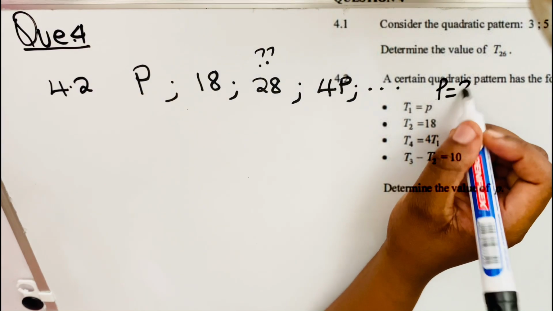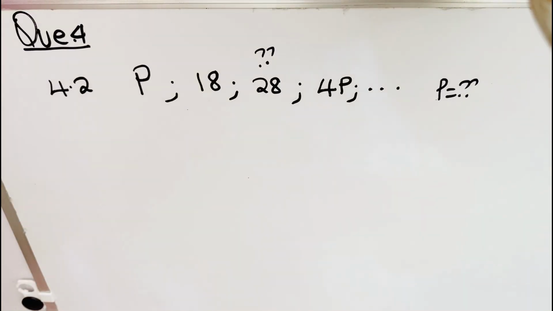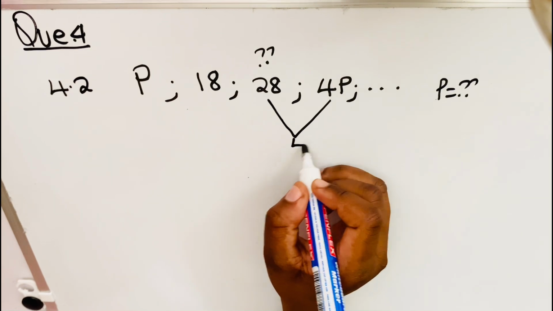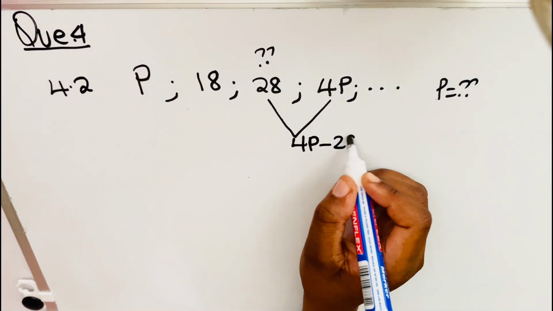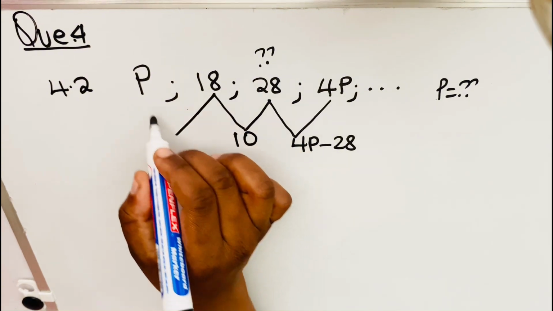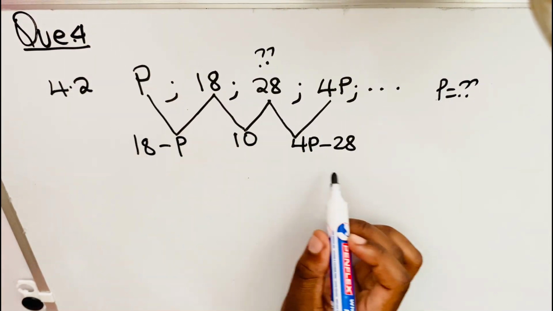As it's a quadratic pattern, we know we must have the first difference and the second difference. The first difference will be 4p minus 28, then 28 minus 18 is 10, then 18 minus p. This is the first difference.